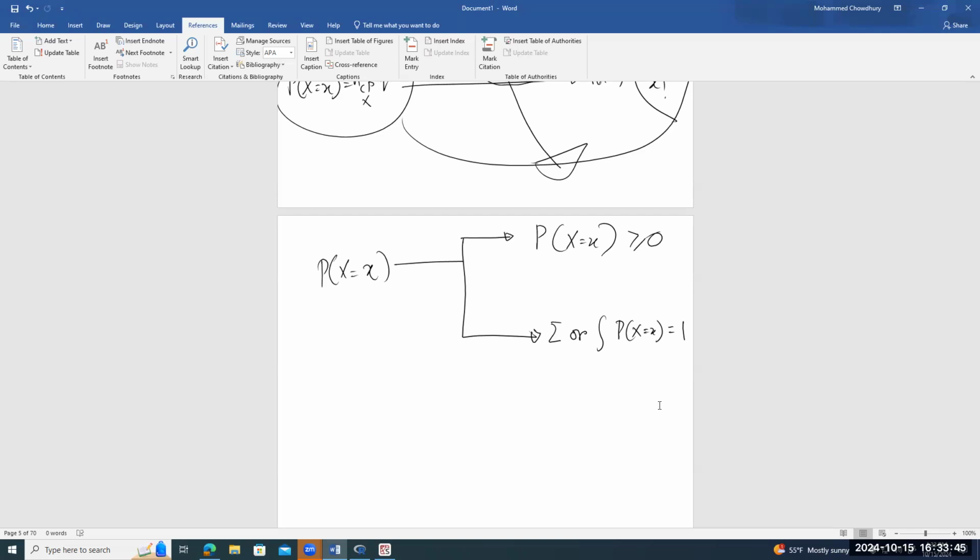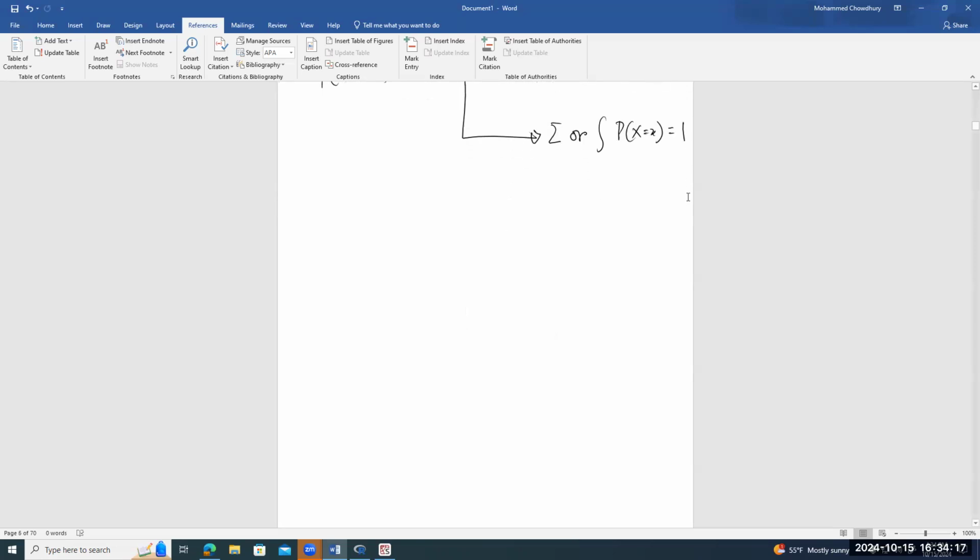If I give you a mathematical function and I say that it is a probability distribution, your question will be, does your function satisfy these 2 conditions? It is always positive, that means whatever value you plug in, it will give you a positive number, and sums up to 1. Clear? Okay. So now I am going to solve a problem using Poisson distribution.